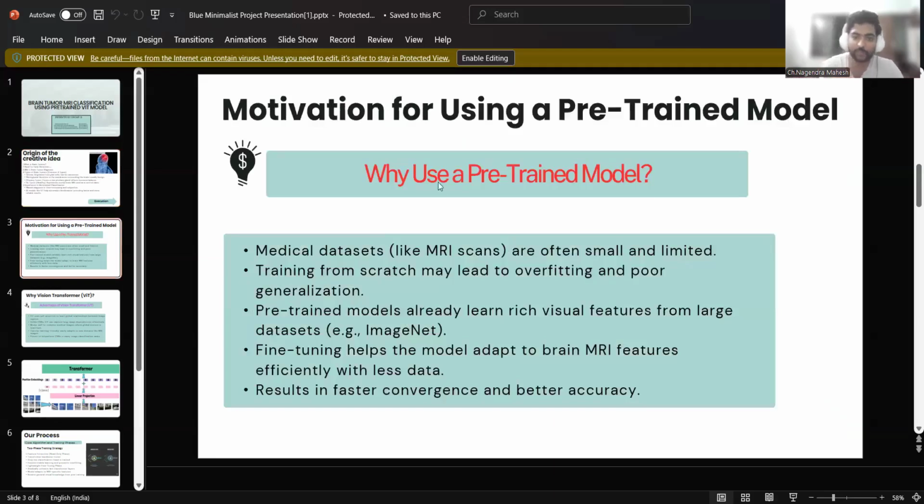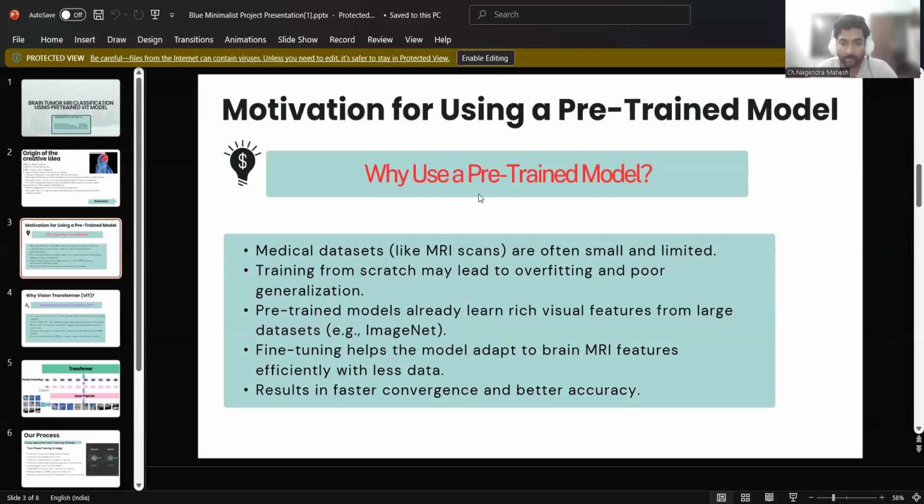So what's the use of a pre-trained model? Medical data sets for a particular case are very small and limited. Training on such small data sets leads to overfitting and poor generalization. A pre-trained model like ViT has already been trained to learn visual features from large data sets.